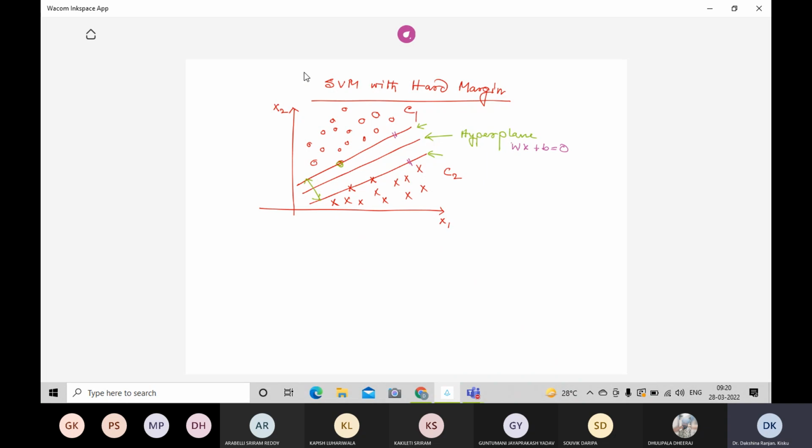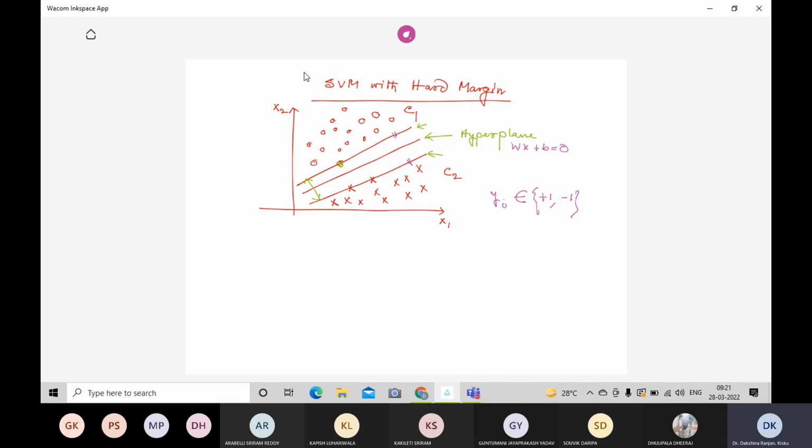Okay. Now, what will be the equation if we have the class information plus 1 and minus 1? Okay. So yi belongs to either the positive class or the negative class, plus 1 or minus 1.